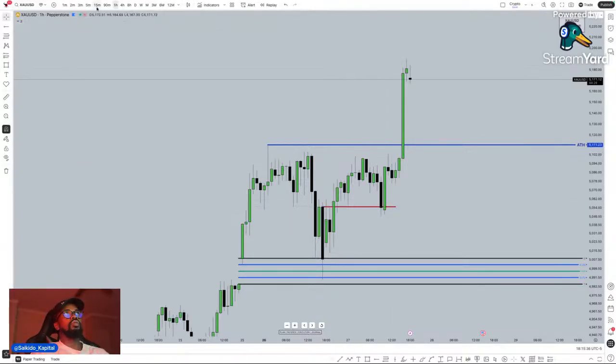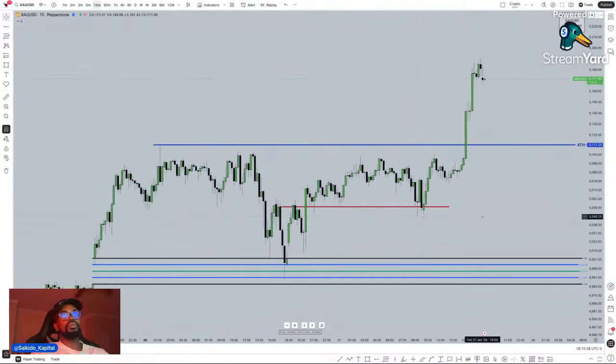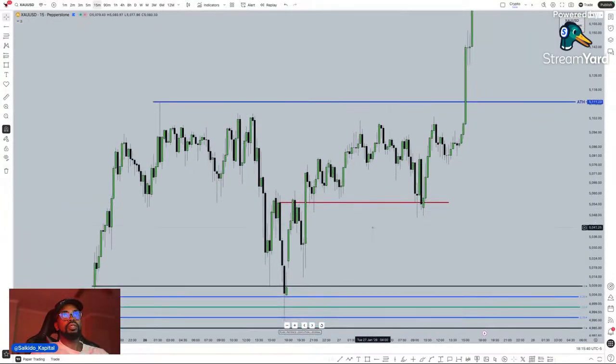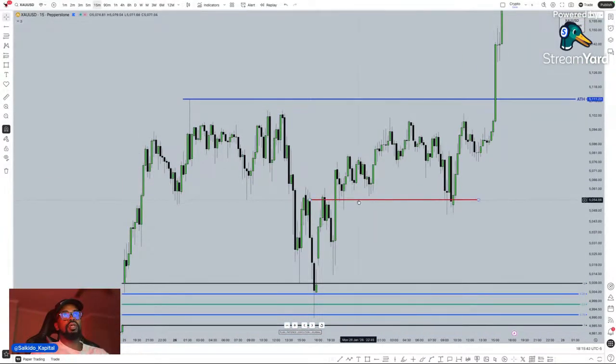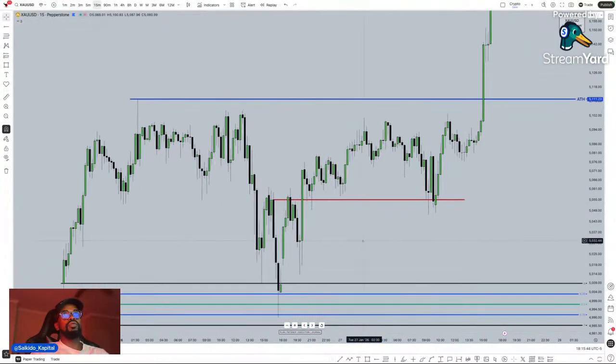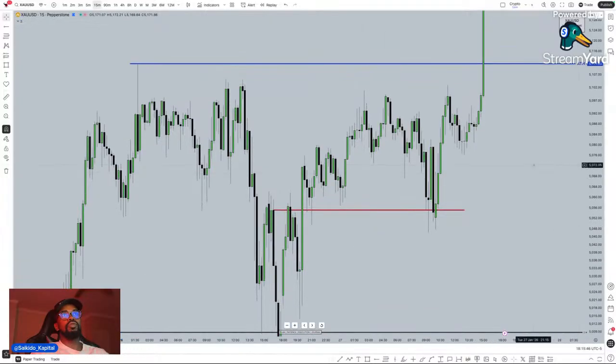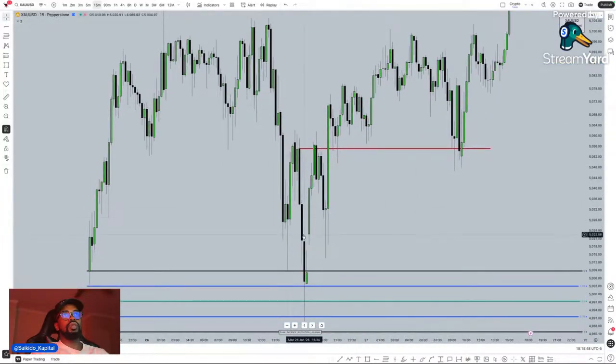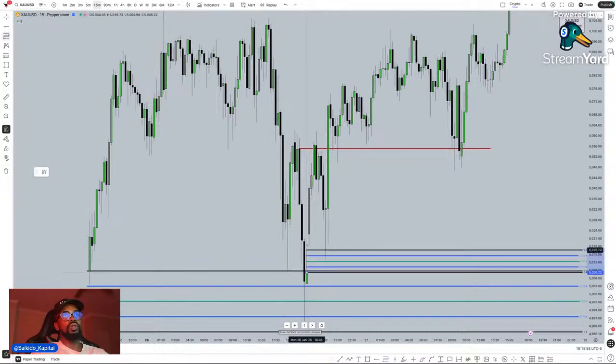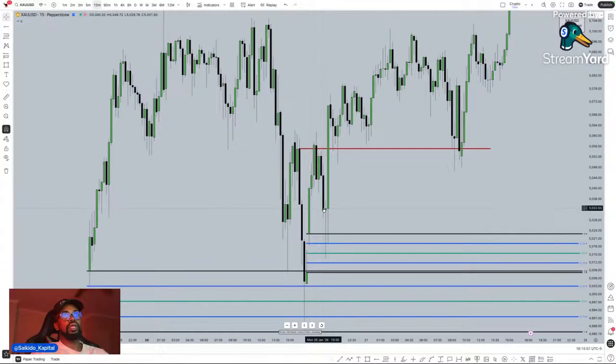Looking at 15 minutes, we had this nice fair value gap. Before all of this, what do you see here? We also gapped higher again today. This is a new day opening gap, because it's a gap on Monday. Look at how the candles are respecting that as well, and then this strong displacement to the upside.